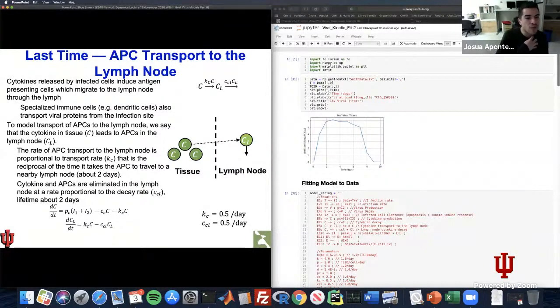Here we assume that the APCs take about 2 days to reach the lymph node, and then once the signal is at the lymph node, it takes 2 days for the signal to decay.